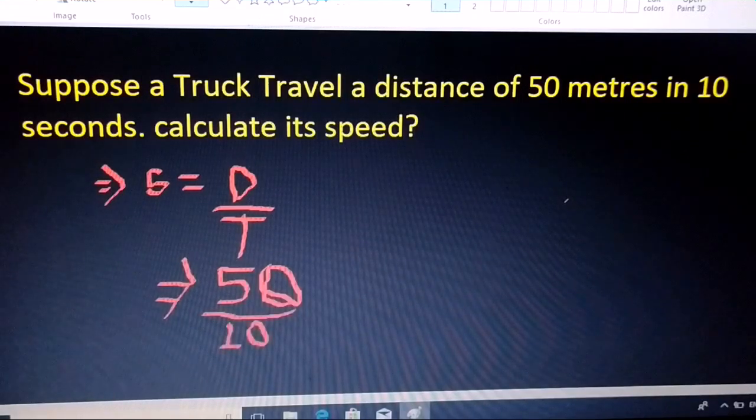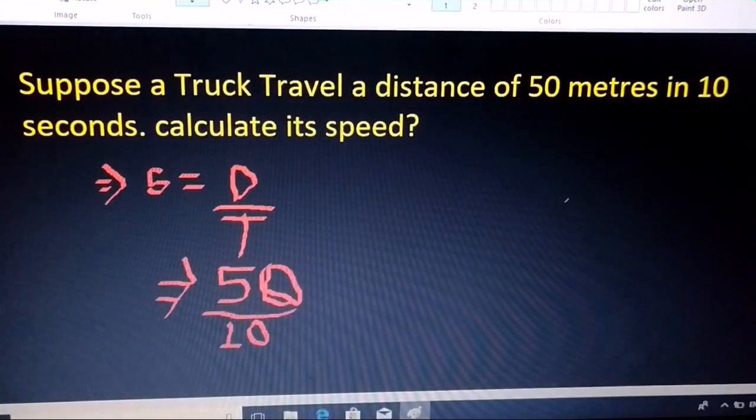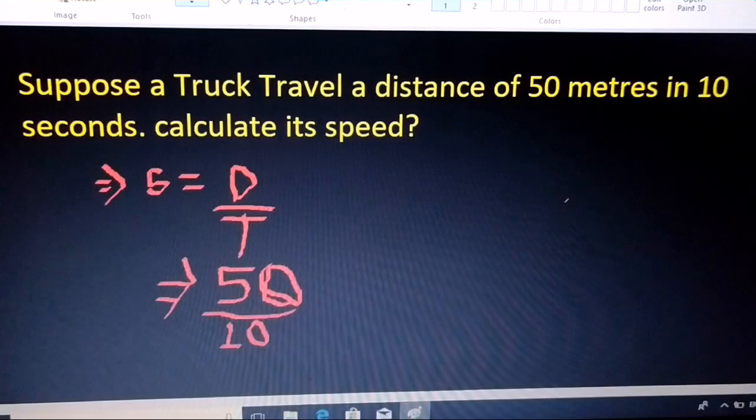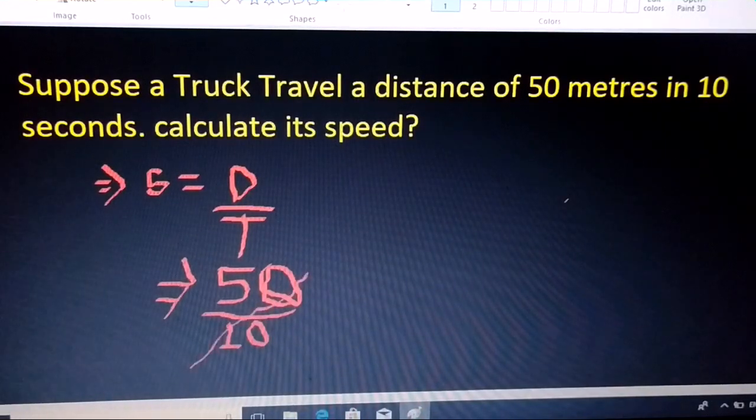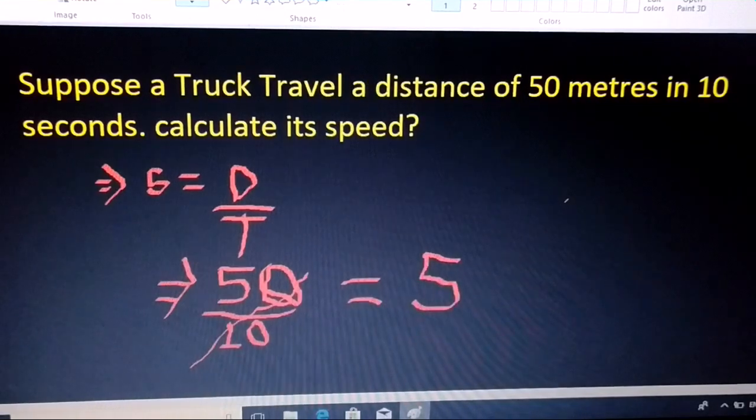We know the formula of speed, distance divided by time. So the distance is 50 meters and the time is 10 seconds, and dividing 50 by 10, it comes to 5.